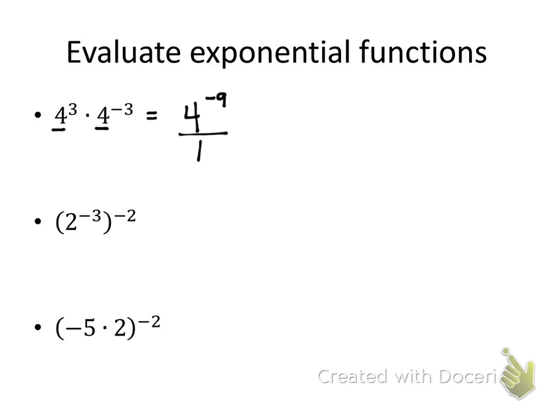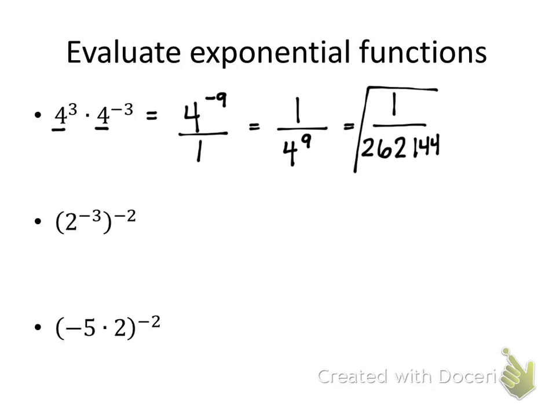No. So let's write this as a fraction and let's flip it. 1 over 4, because I flipped it, that made that exponent a positive. Now write 1 over 4 to the 9th power is, let's plug that in our calculator, and we get 262,144. And this would be my answer there. Okay?